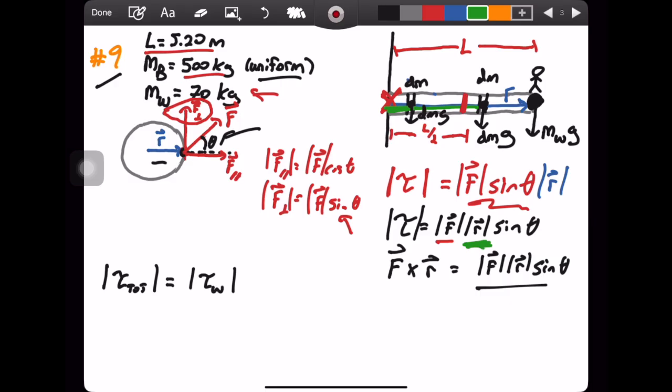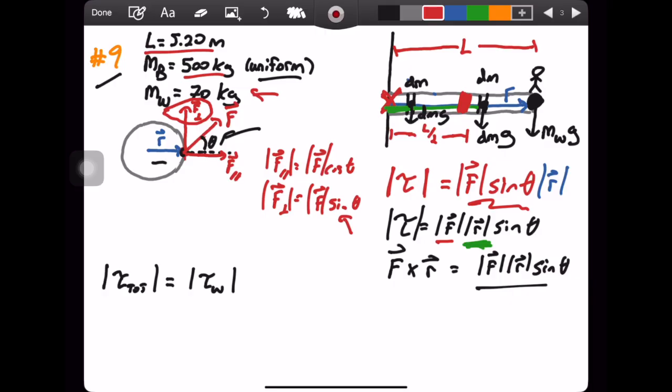One dm is closer to the bolt, and therefore the axis of rotation, than the other. Since the torque for each of these differential elements is just going to be the distance r away from the bolt times a differential mass element times g, then at this halfway point, which I'm denoting right here, as you can imagine, all of the torques to the left are going to be less than all of the torques to the right.